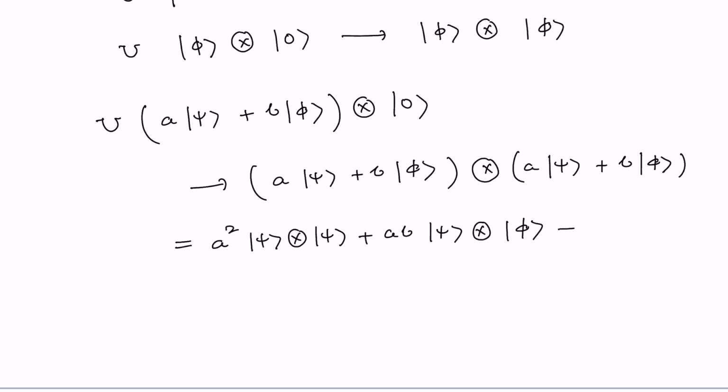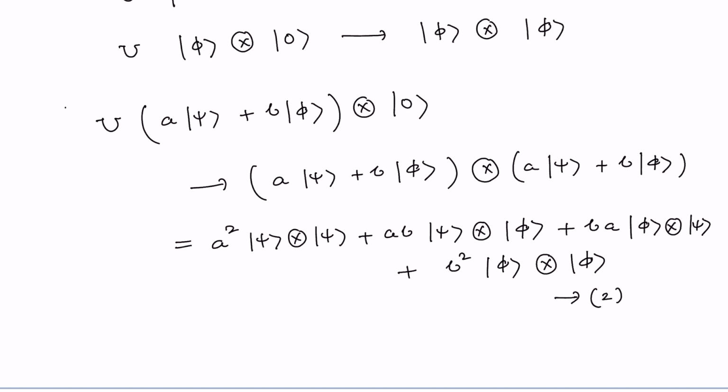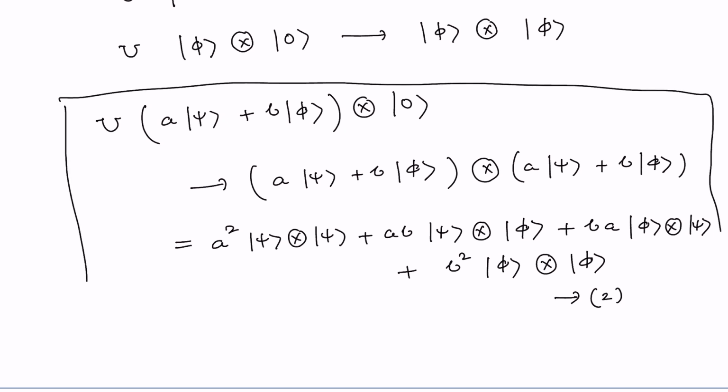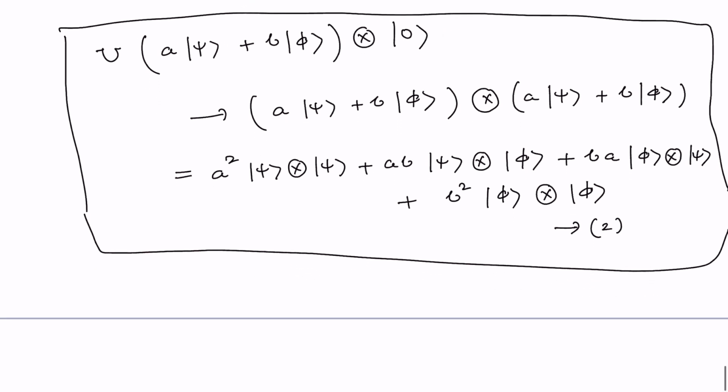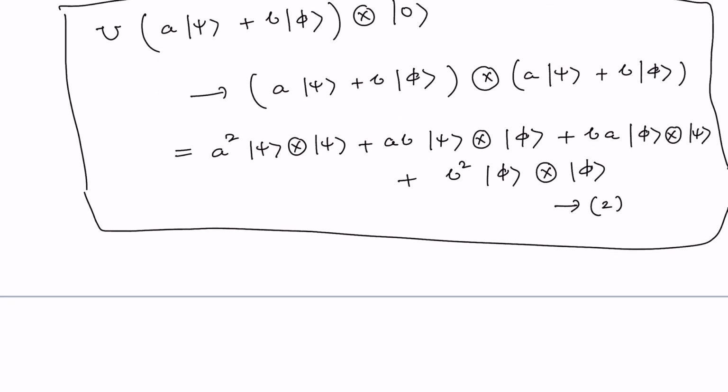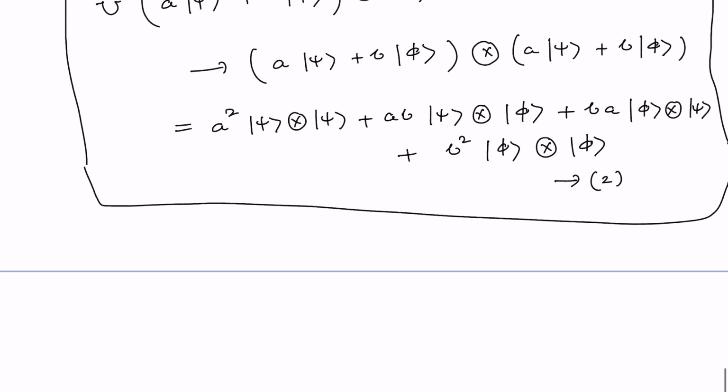As you can see, then I have ba or ab |φ⟩⊗|ψ⟩, and finally I will have b²|φ⟩⊗|φ⟩. So let me say this is my equation number 2. This is very important, as we will see. If my unitary transformation U exists, we can have such a unitary operator, then this is what we are going to get.